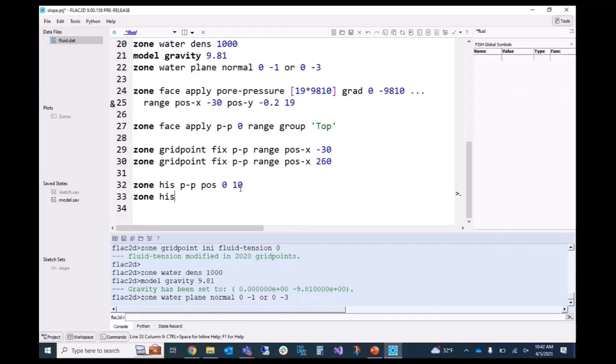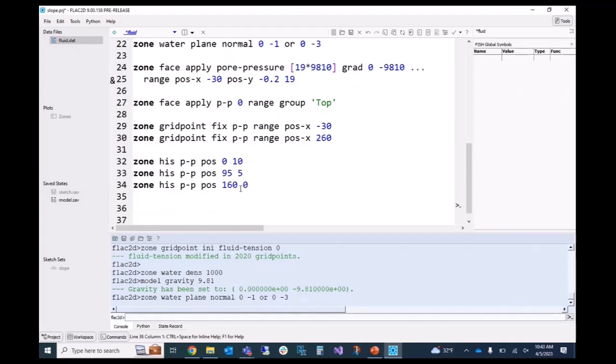I'm going to do the same thing at 95, 5. And I'm going to do the same thing at, I can't type, 160, 0. You could just copy and paste, obviously. So let's just run everything we've got so far.